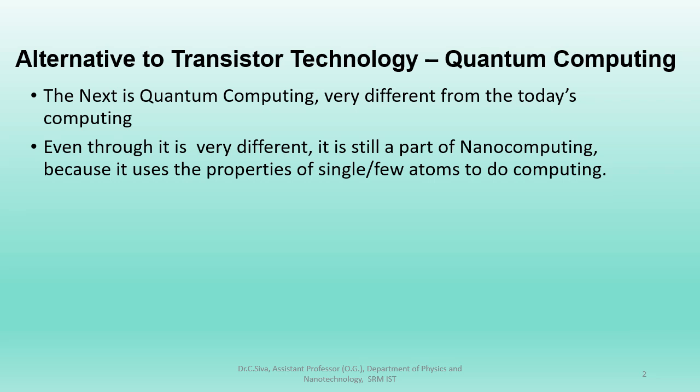This means computation is no longer based on electron flow in semiconductor channels, but instead on quantum states of matter. This marks a paradigm shift, not just a technological upgrade.